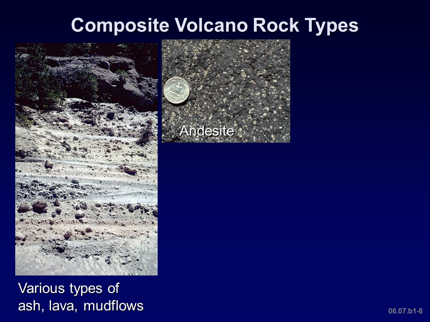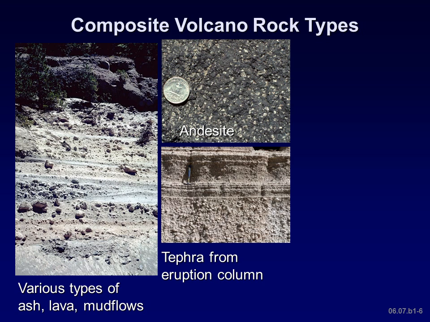So we get andesite, we get tephra from the eruption column. So again, this is the really ashy material, and it can end up getting what's called welded, where it's so hot when it settles that it welds itself together.